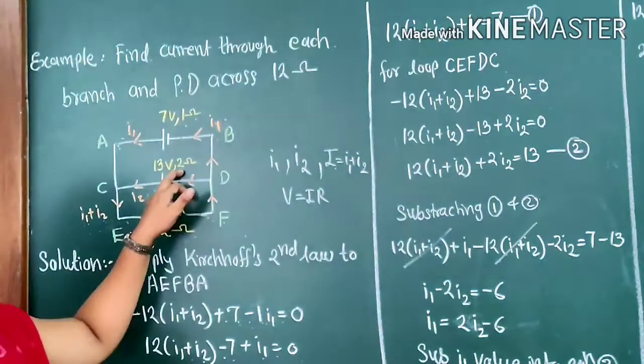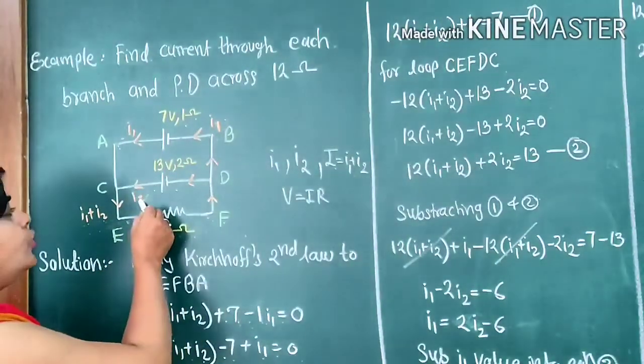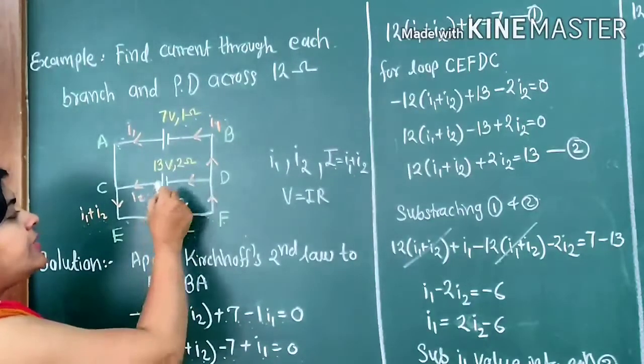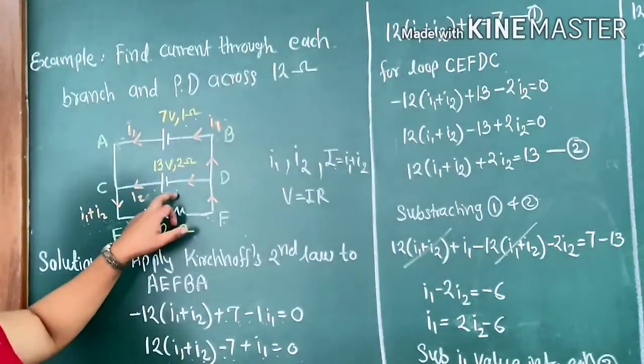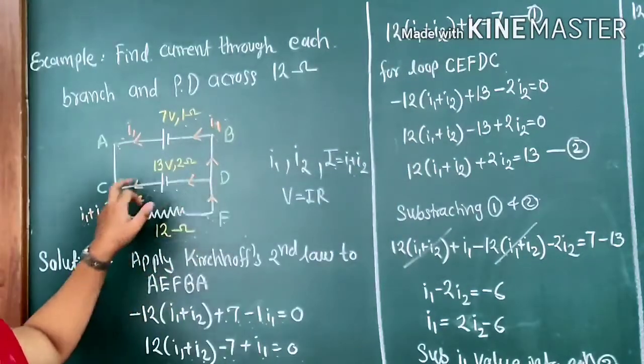The internal resistance is 2 ohm, and the current in this branch is I2, so I2 into 2 gives the potential difference. Now come to this point, for the loop C, E, F, B, C.